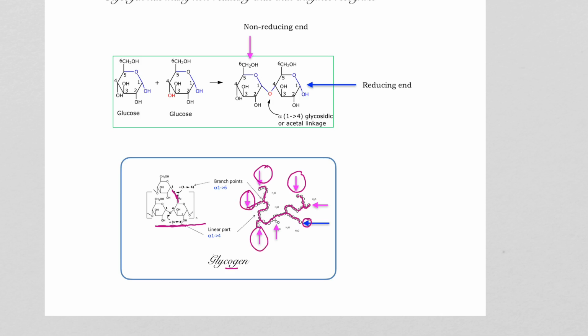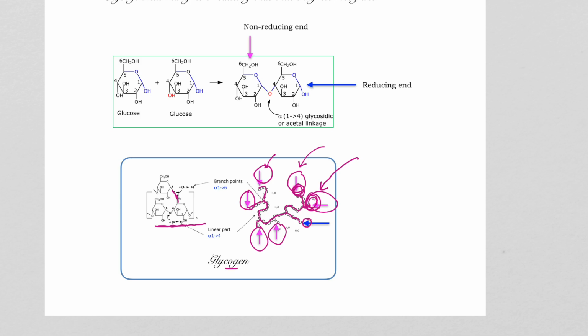Okay, many non-reducing ends. Okay, so this is very important for glycogen metabolism, because the enzymes, so an enzyme they recognize a non-reducing end. So an enzyme can come and sit here and work on this glycogen. Another enzyme can come and sit here and work on this glycogen, and so on.